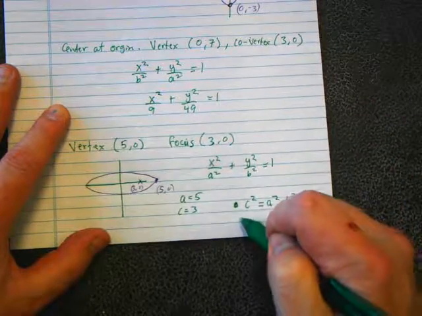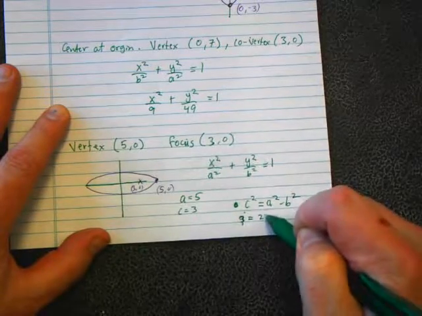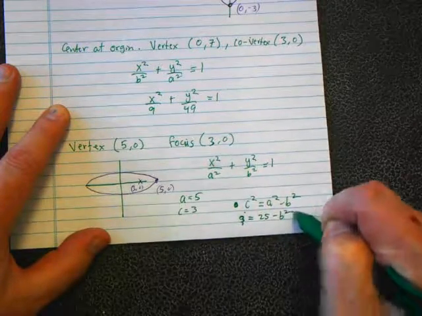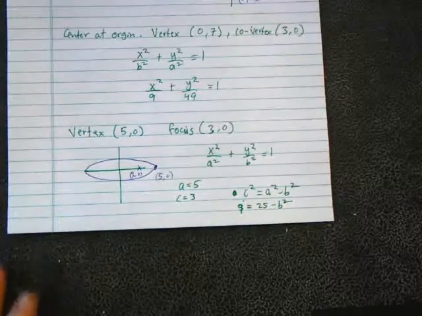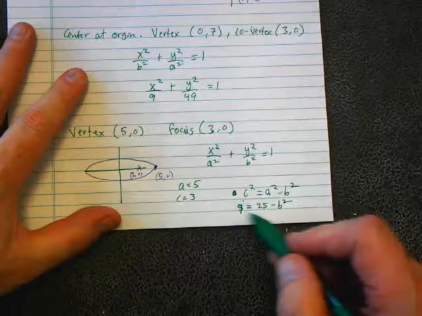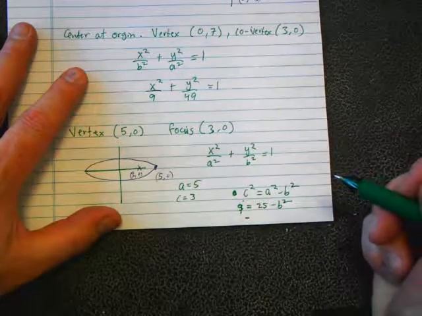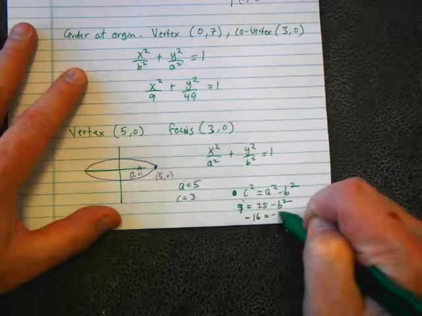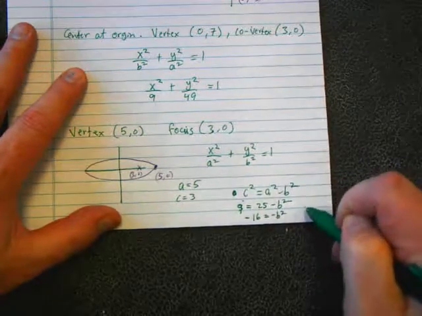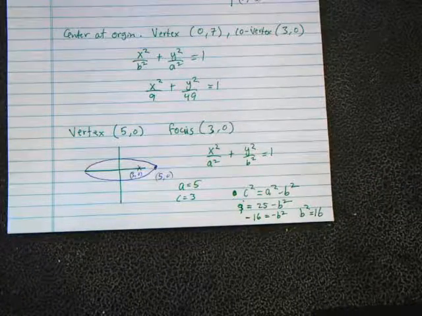That means 3 squared, which is 9, is going to equal 25 minus b squared. Get the b squared all by itself. Subtract 25. 9 minus 25 is negative 16 equals negative b squared. So b squared is 16, which tells me b is 4.